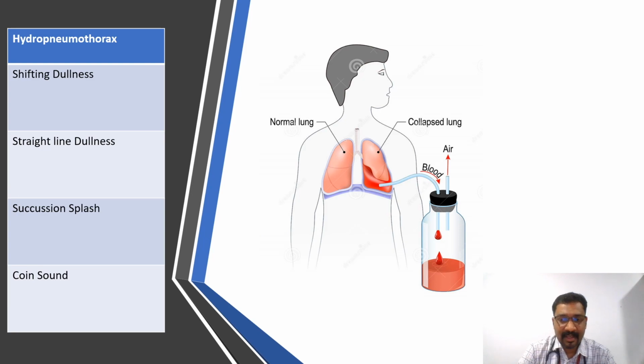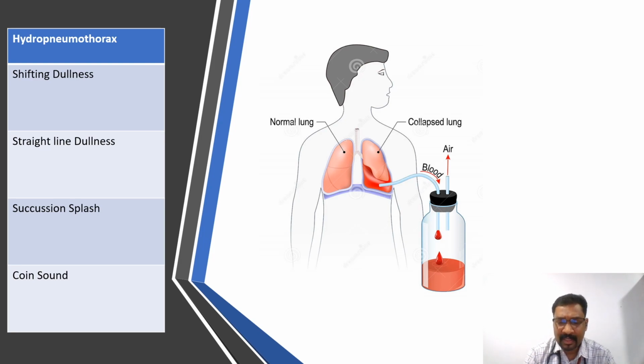Some clinical examination methods of predominantly historical importance in hydropneumothorax include shifting dullness, straight line dullness, succussion splash, as well as coin sound. I don't think these are done nowadays because there are more effective ways to find out if there is a hydropneumothorax, as depicted by X-ray or other imaging modalities. However, since this is a clinical class, I would like to tell you how shifting dullness works.